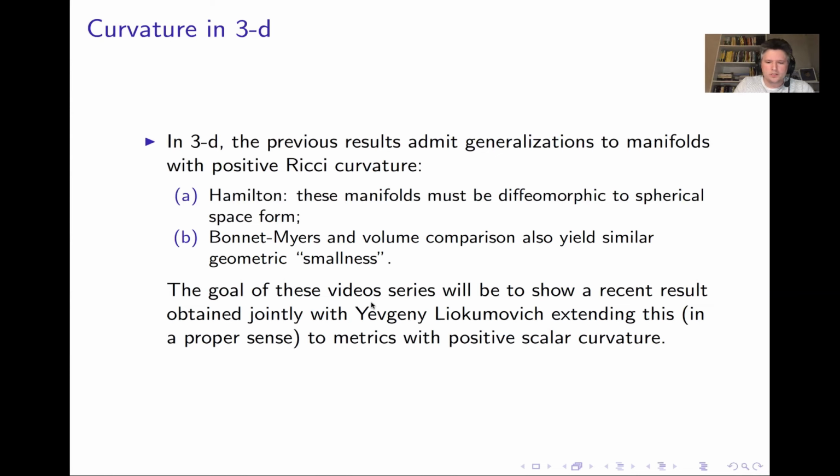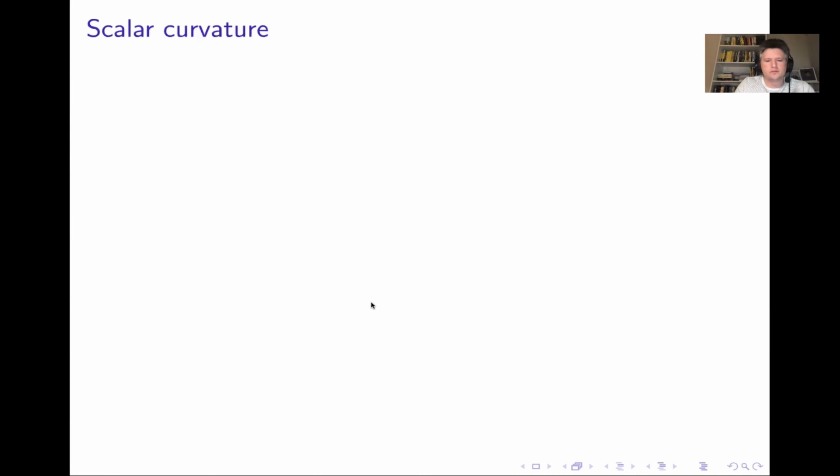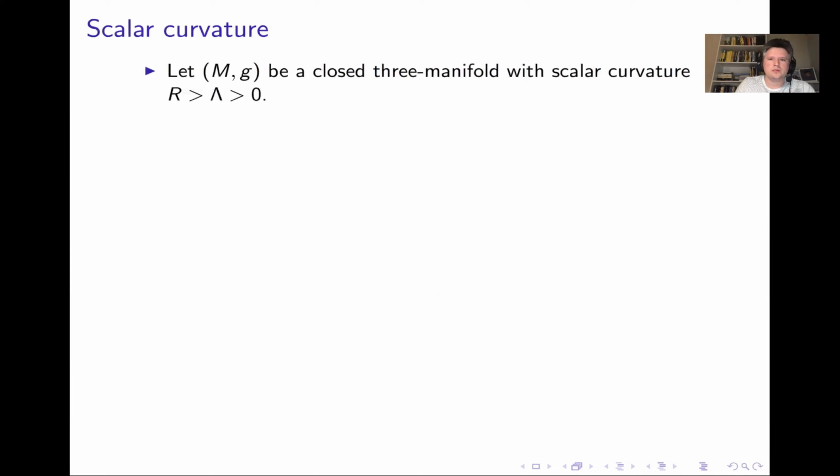Okay, so for the purpose of these talks, let's assume now that M is a closed 3 manifold with positive scalar curvature. And I want to stay in the orientable world. So every time you see a manifold or a surface, you can assume that it's orientable, two-sided.